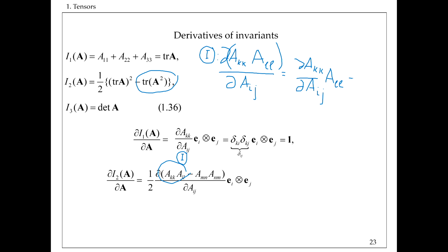And then plus, now I take the derivative of all with respect to the same daij, and I multiply it with akk. But they will be exactly the same, so I basically have this factor 2 here after that.